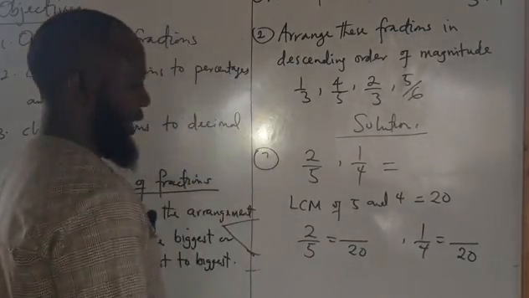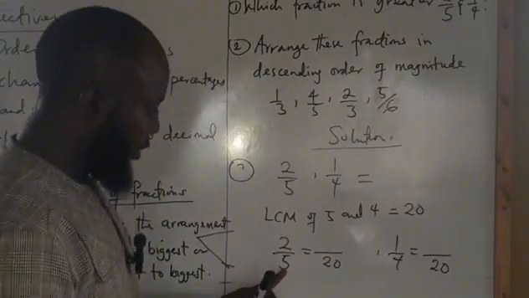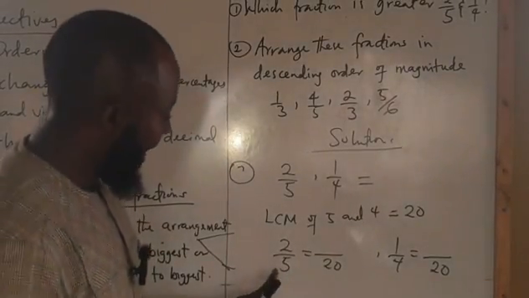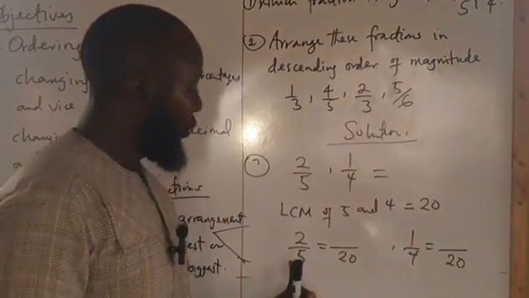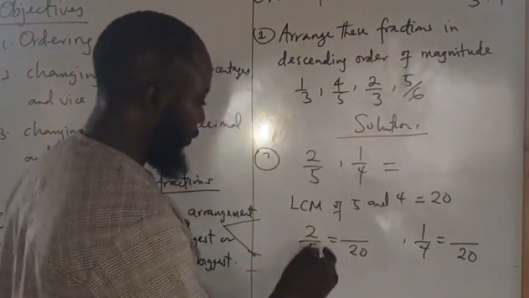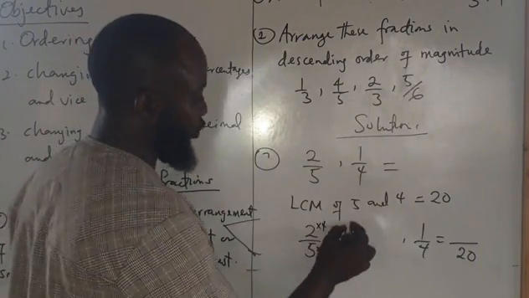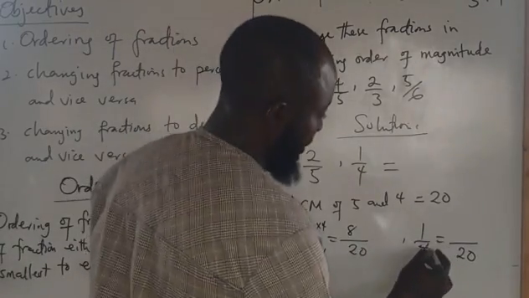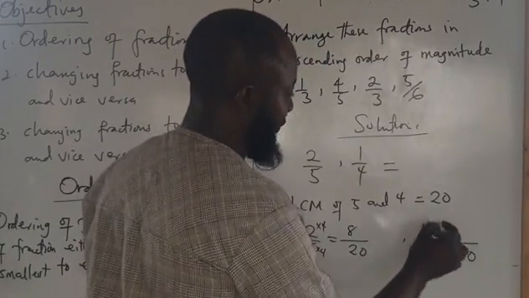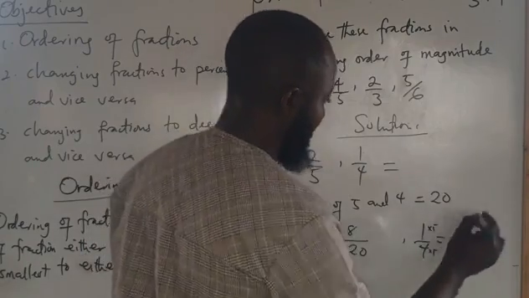What are we going to multiply 5 by to give us 20? That is 4. So we multiply 2 by 4, and this becomes 8. For 1 over 4, we multiply by 5, and this becomes 5.